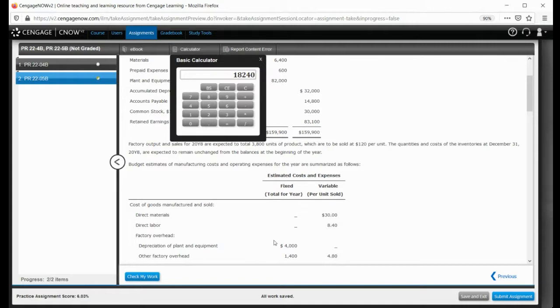Then to get the remaining factory overhead, you're going to simply add the fixed cost portion to your variable cost portion. So we're going to combine with the 18,240 the fixed cost of both of these factory overhead accounts.